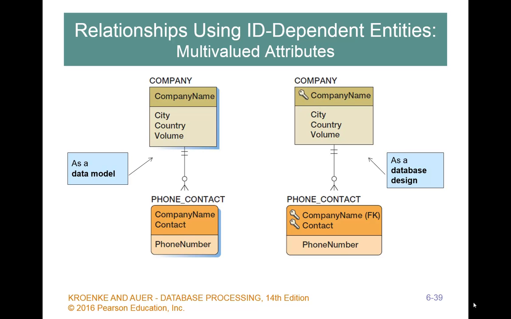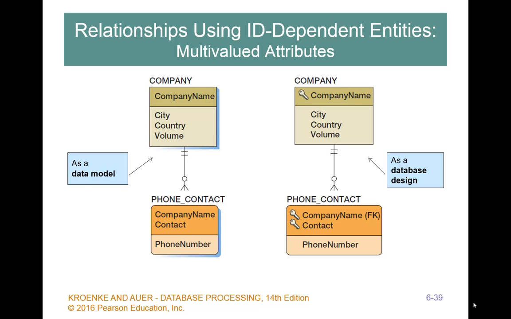Now, for a multi-valued attribute, which is our third example, what we need to do is kind of the same thing as we would do with an association table. However, in this particular example with company and phone contact, obviously phone number is our multi-valued attribute. So we're going to associate a specific phone number with a specific company and that particular contact name.